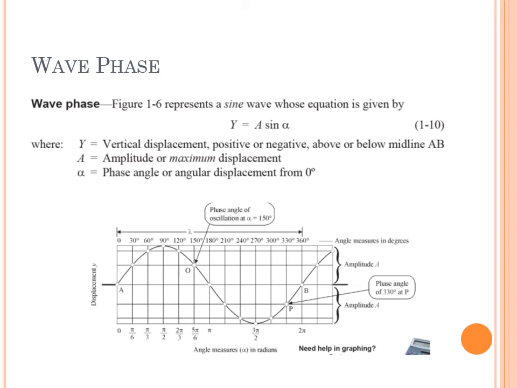And a is my amplitude, or my maximum displacement, and alpha is the phase angle or angular displacement from 0 degrees.